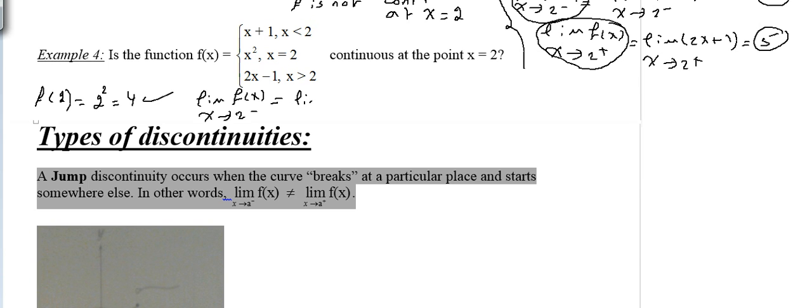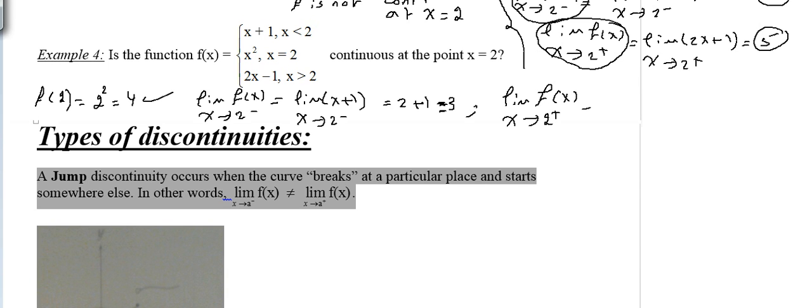The first part, the limit of x plus 1 as x tends to 2 minus, is 2 plus 1, which is 3. And the limit of f of x as x tends to 2 plus is equal to the limit of 2x minus 1 as x tends to 2 plus, which is also 3. They both exist and they are equal to each other.